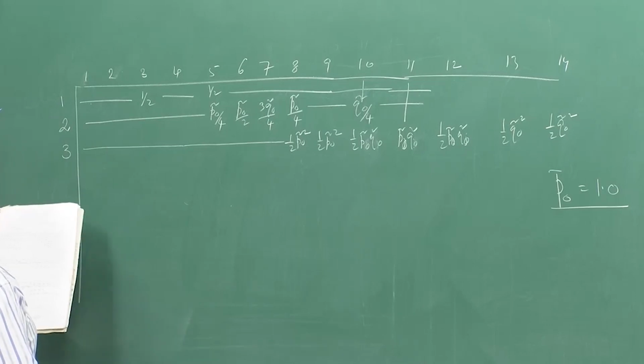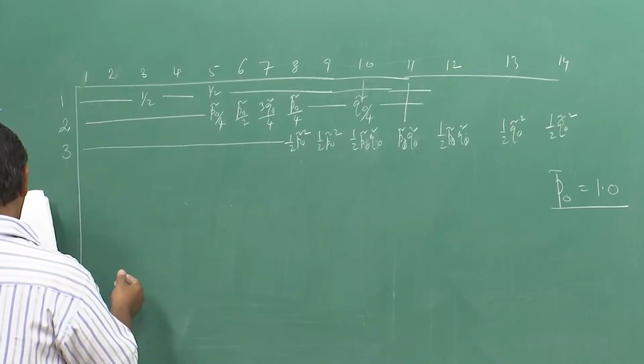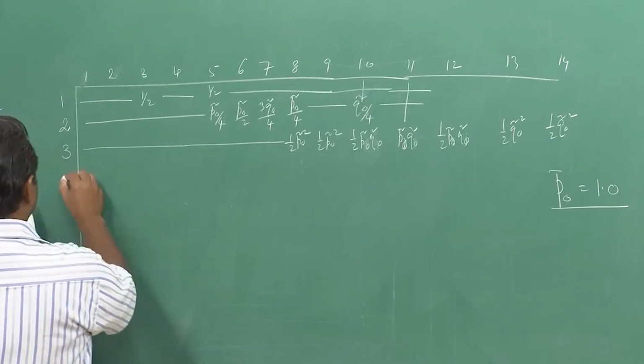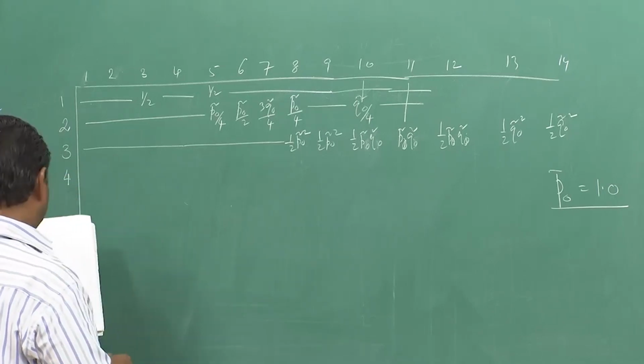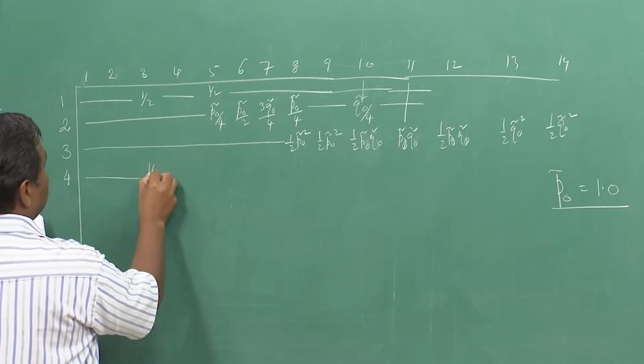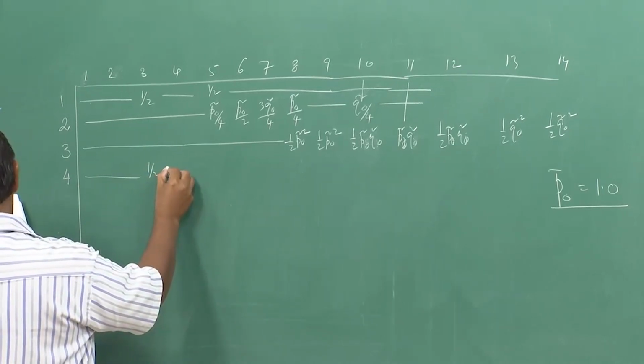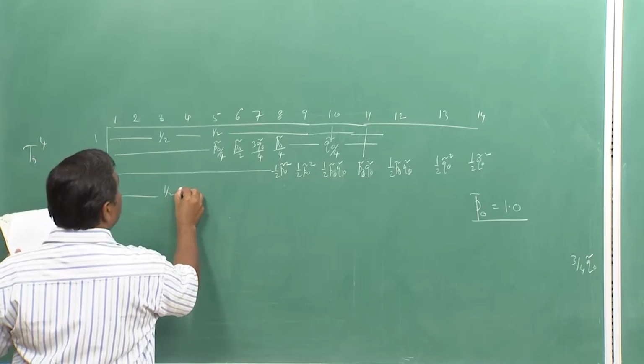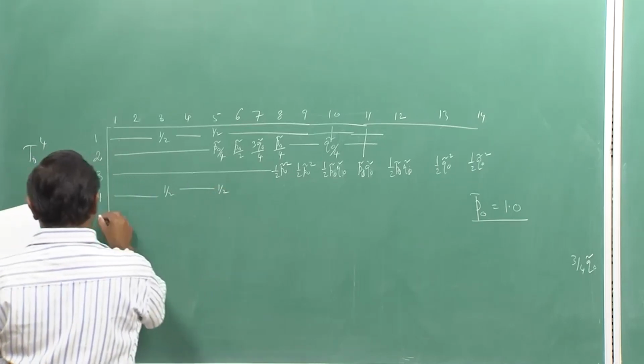Okay. So, we can actually keep on putting it. So, the fourth one will come to 3 with half probability and 5 with half probability.